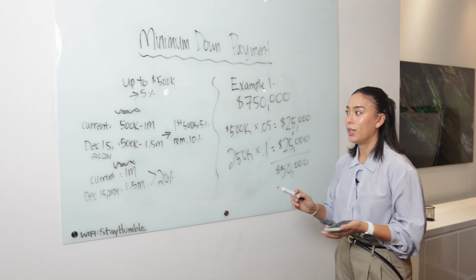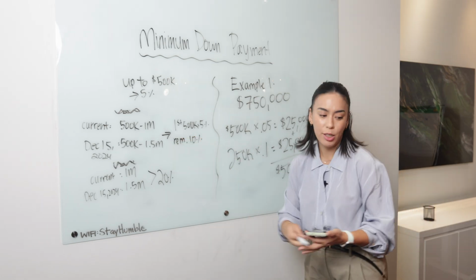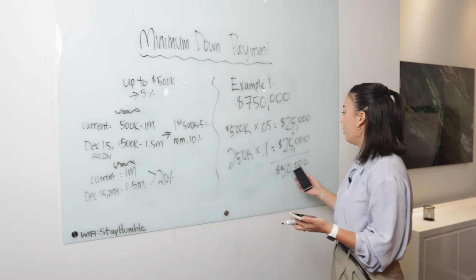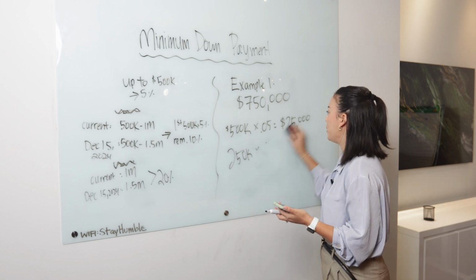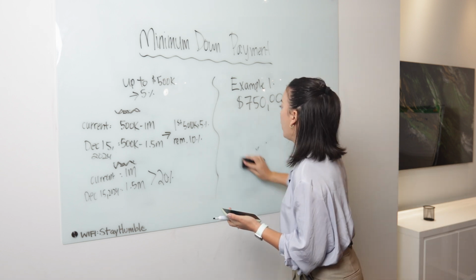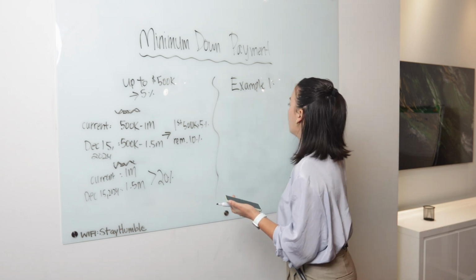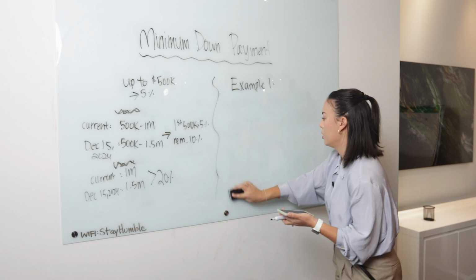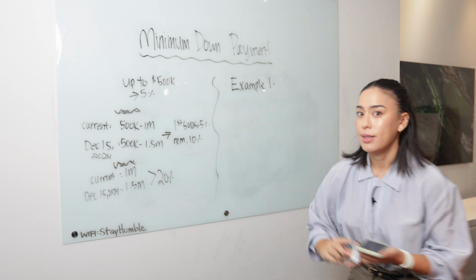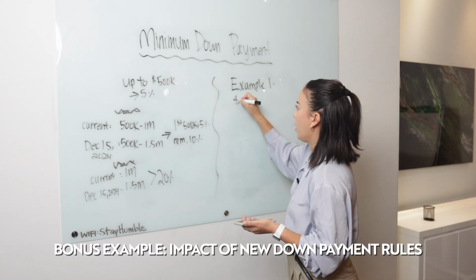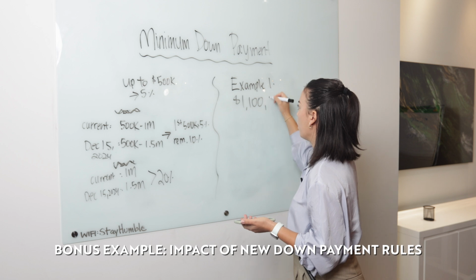So I really want to show you guys the impact of this change. The next one that we're going to work with is going to be a $1.1 million number. So let's say that we are purchasing at the $1.1 million mark.